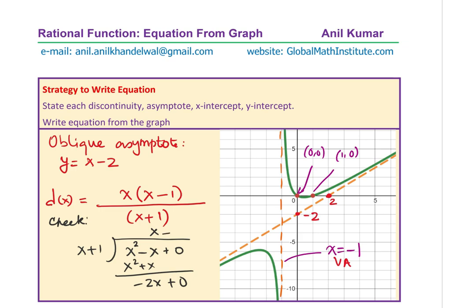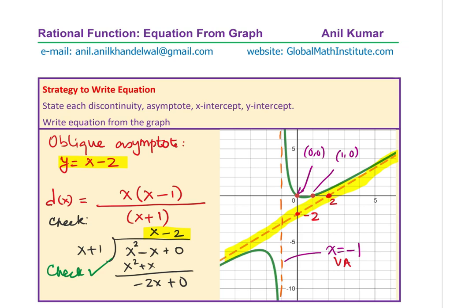So minus 2. As you can see, we have confirmed that the oblique asymptote is exactly what we expected from the given equation. So that becomes a check for us. And therefore, we know that the given equation is the equation for the graph.